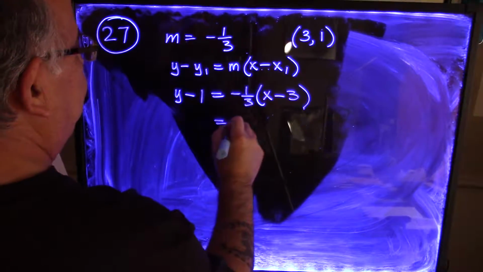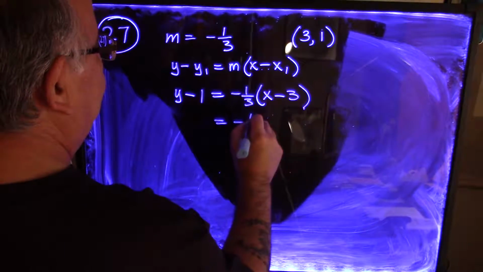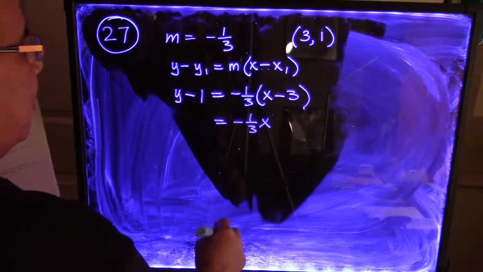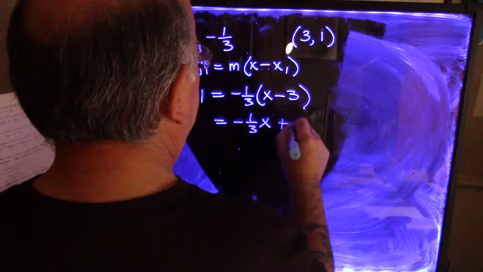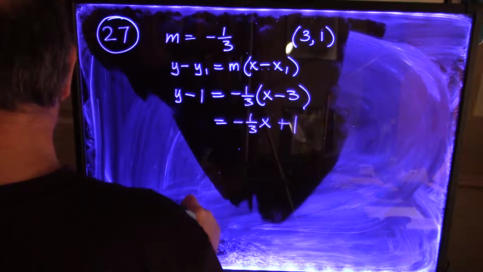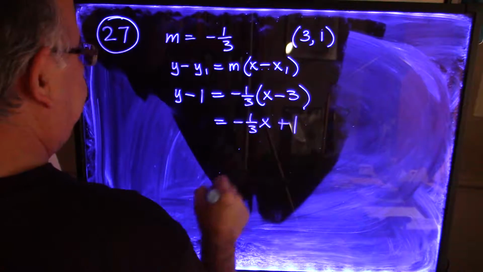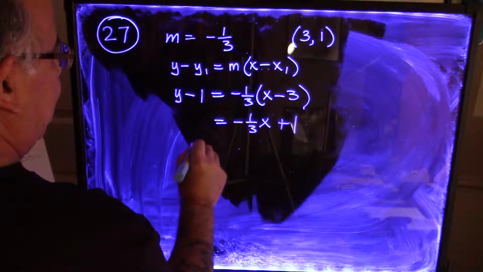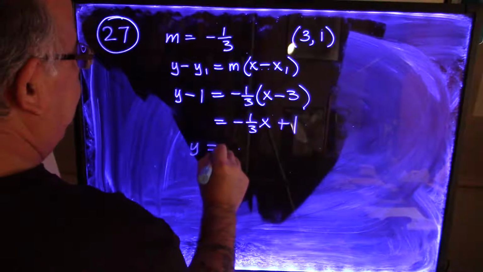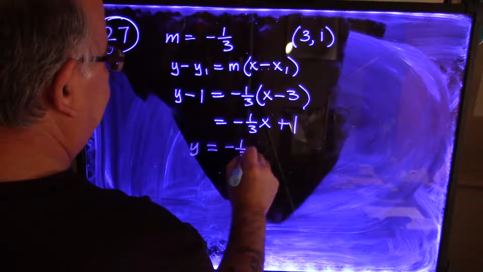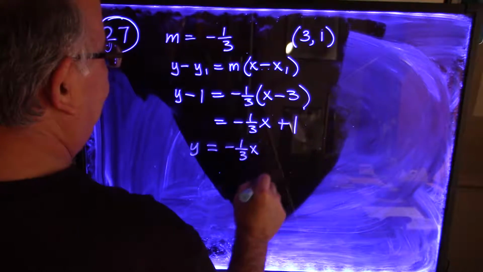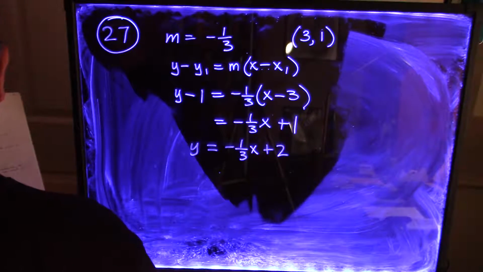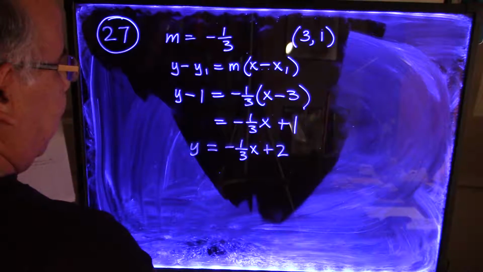Then we can distribute the negative 1/3 through, we get negative 1/3 x, and negative 1/3 times negative 3 is positive 1. Got to move this to the other side as well, so add 1 to both sides, you get negative 1/3 x plus 1 plus 1, which is plus 2. So there is the equation.